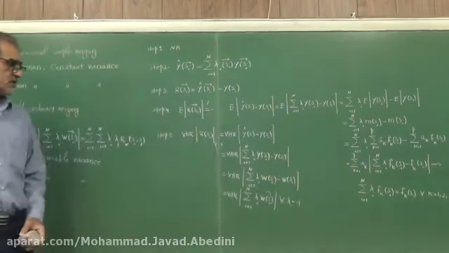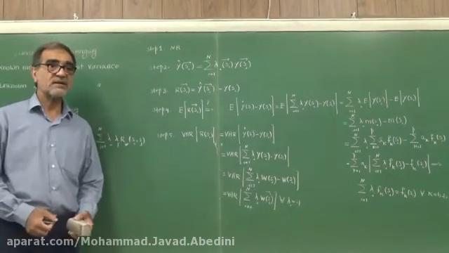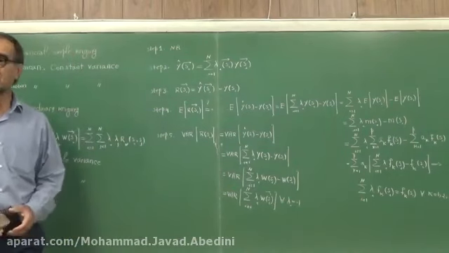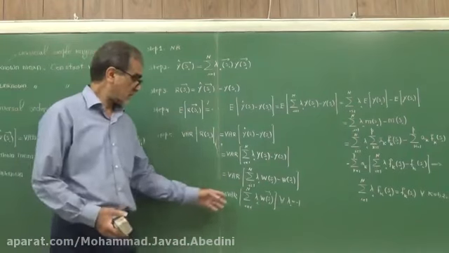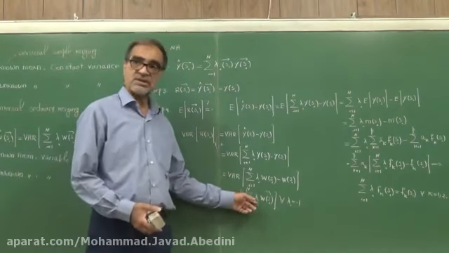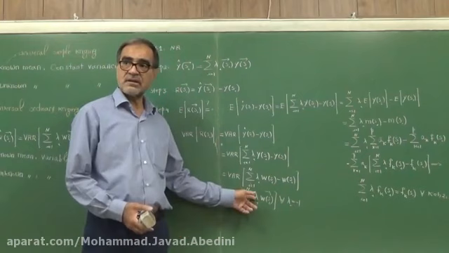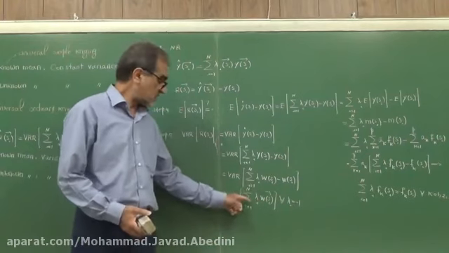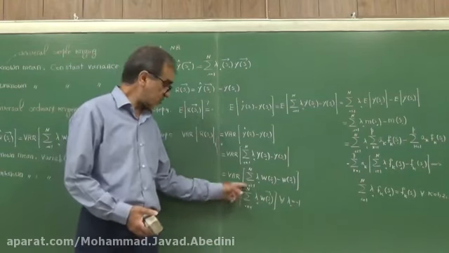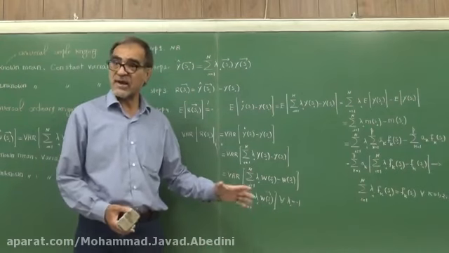This linear combination is admissible. Why? Any comment? Summation of lambda i from 0 to n is equal to 0. Why?